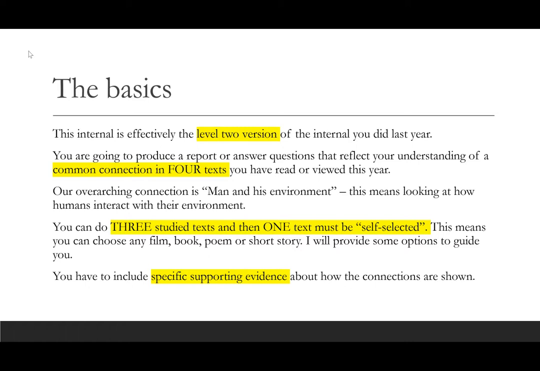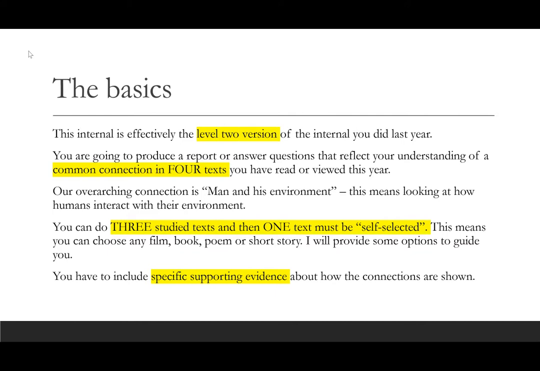So what you can do in terms of texts that are covered is 3 of those can be studied texts, which means you have talked about it lots in class, you've analysed it, you've watched it, you've read it, you've pulled out details, you've talked about it. But one of those texts has to be self-selected. That means you have to pick it.